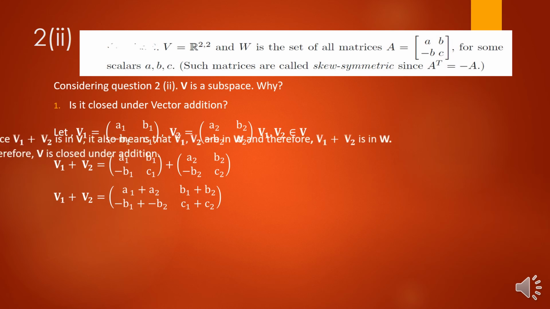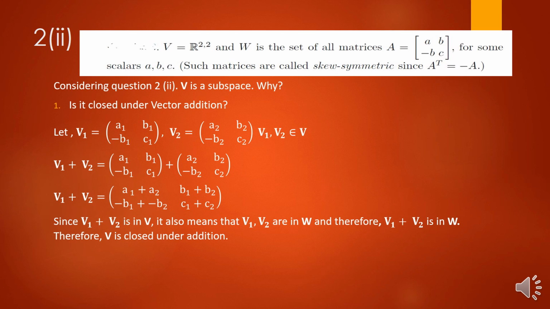And you're going to see that our addition V1 plus V2 is found in V. It is a member. Therefore, what is the implication? It implies that V is closed under addition. We go ahead and ask the next question.